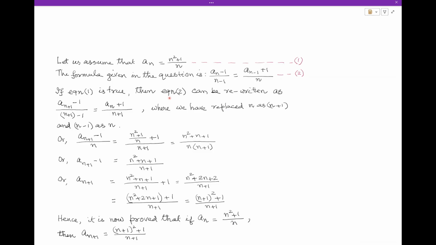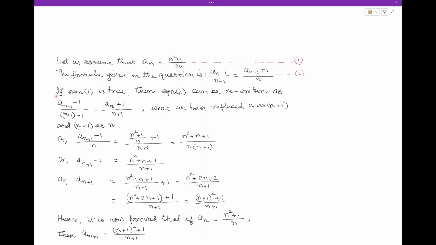The formula given in the question is a subscript n minus 1 divided by n minus 1 is equal to a n minus 1 plus 1 divided by n. Let us call it equation 2.